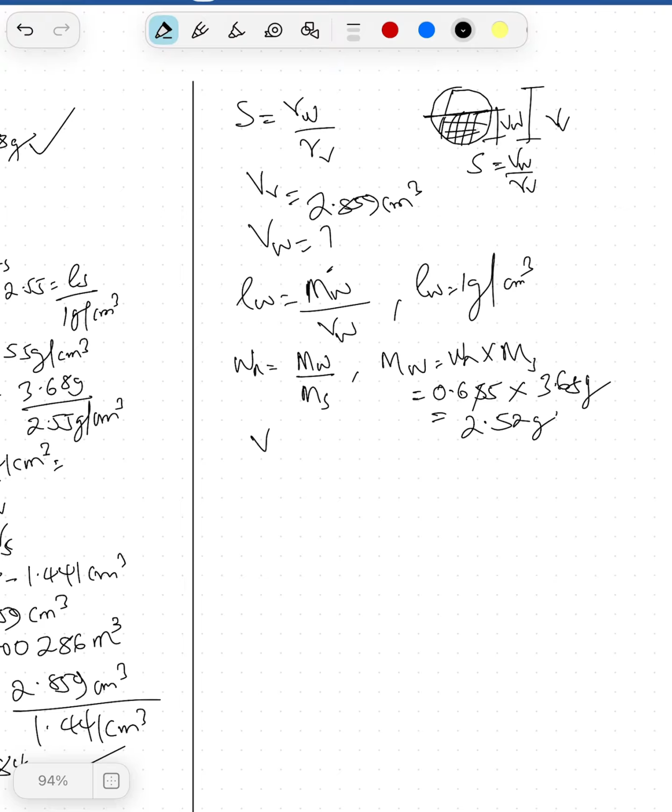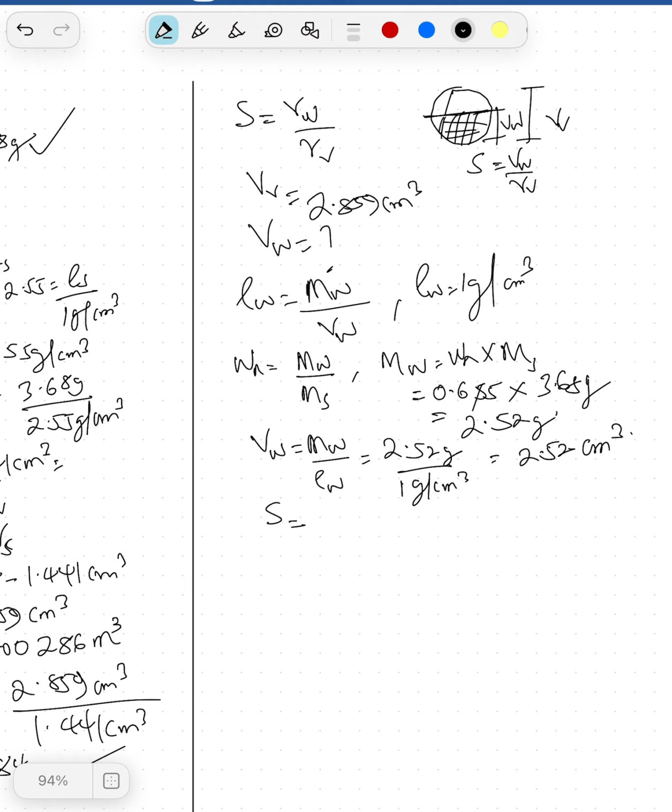So the volume of water equals mass of water over density of water. Mass of water is 2.52 grams over density 1 gram per cm cube, so the answer is 2.52 cm cube. That's the volume of water.